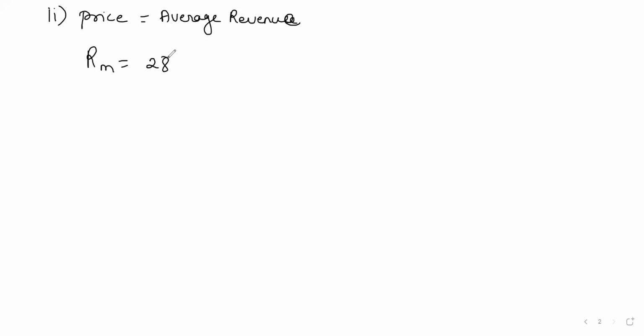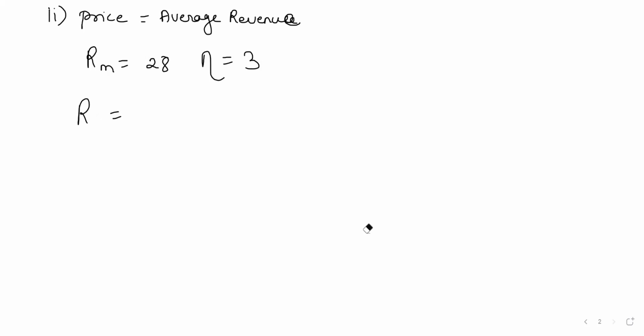The second sum. Find the price if the marginal revenue is 28 and elasticity of demand is 3. Price means what? Price is average revenue. So actually your marginal revenue is 28 and elasticity of demand is 3. You have to find average revenue. The formula is the same.